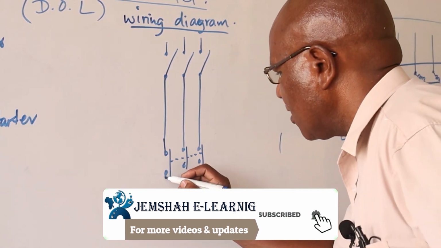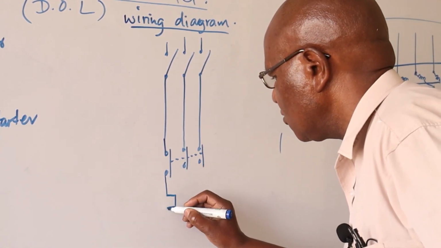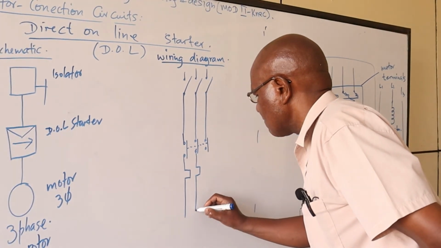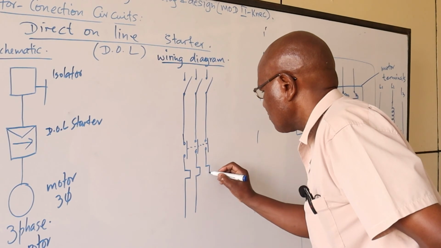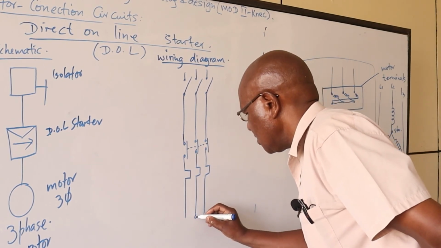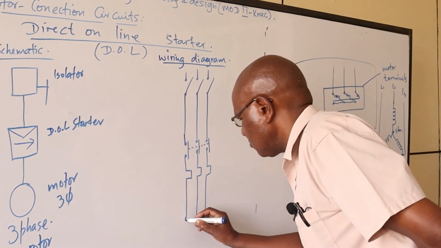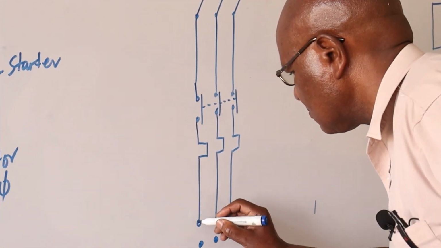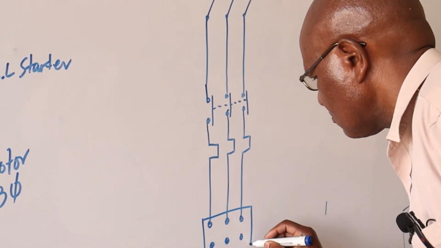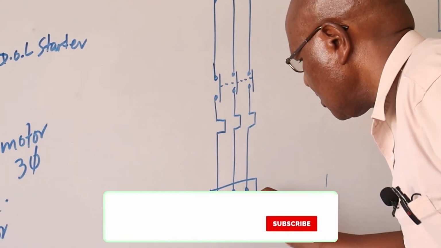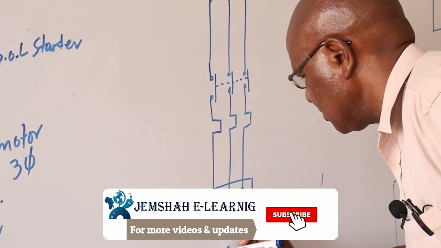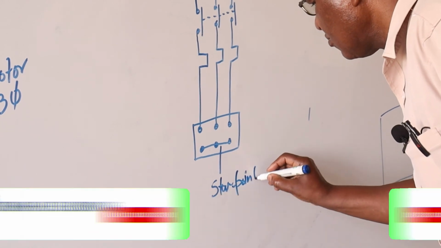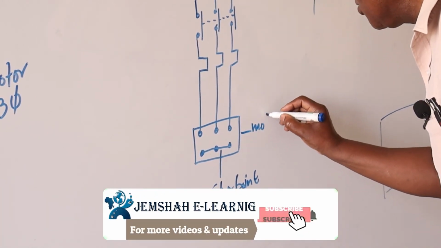And then from here, I will need a time lag overload device. This one here will come to the motor terminals. And then this one here, I'll short that one there to get me my star point. And this one's here, my motor terminals.